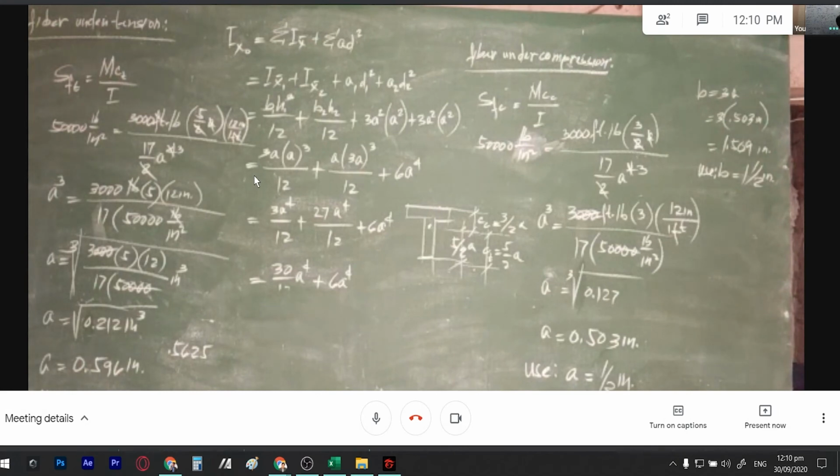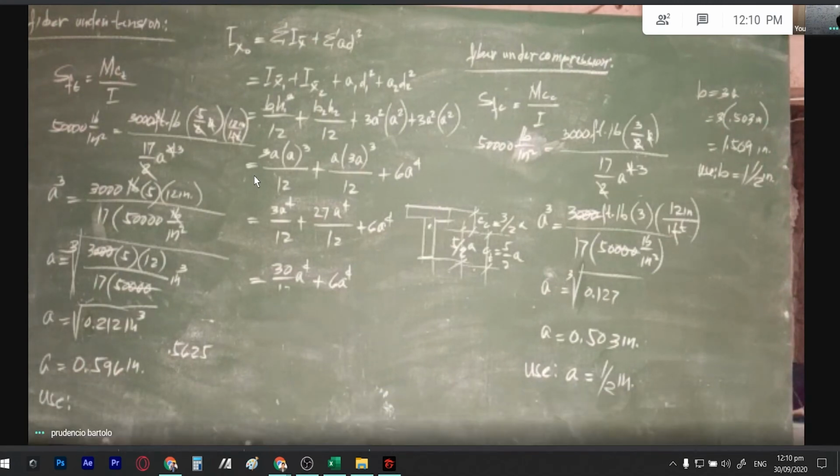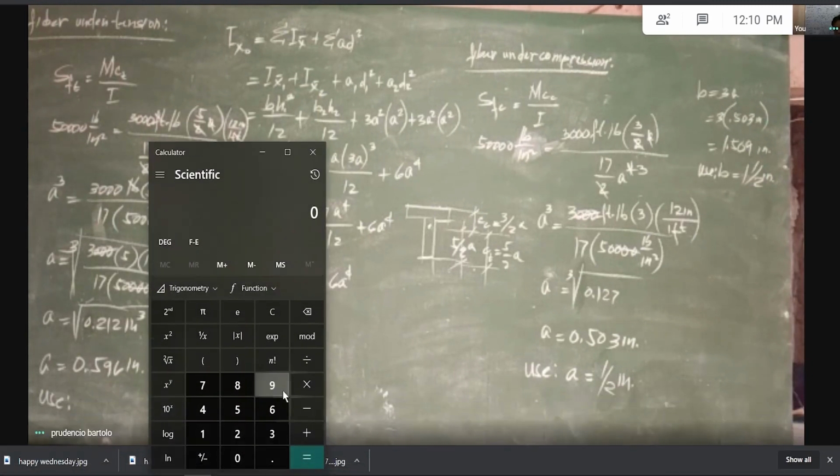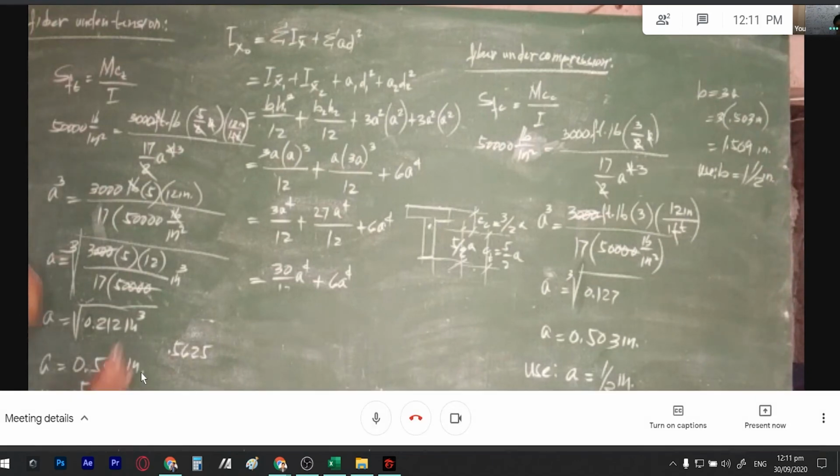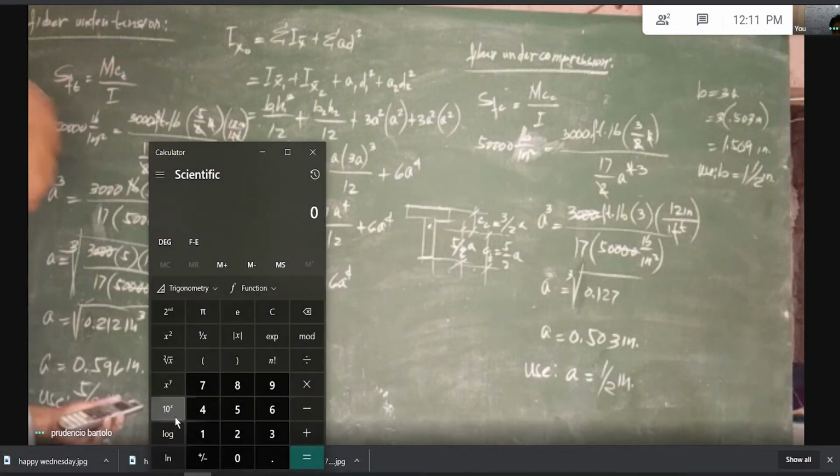So that is 3.35 divided by 0.596. That is more than 5%. So if it is more than 5%, we use the higher value, that is 5A upon inch.